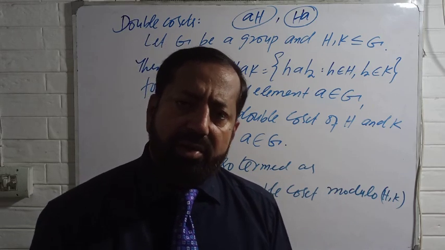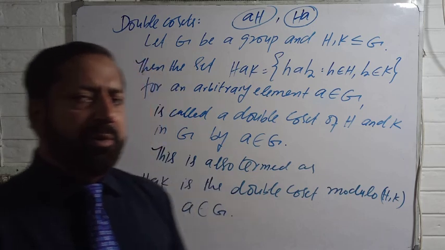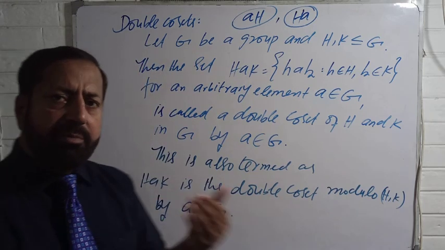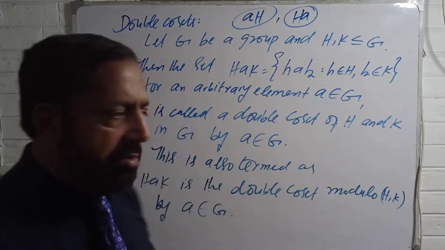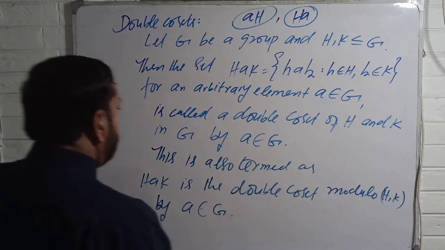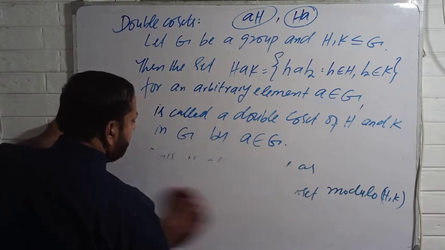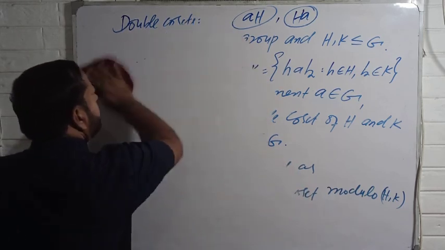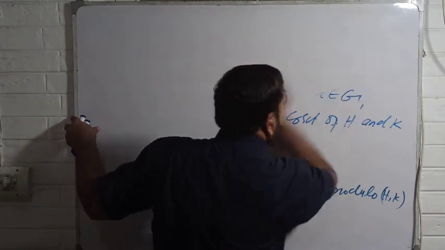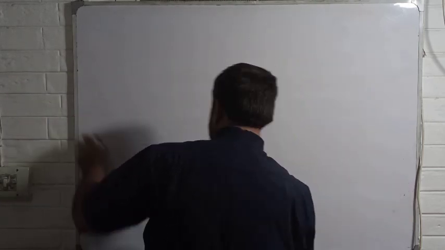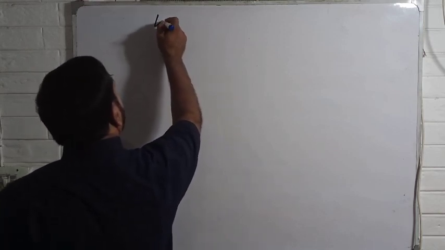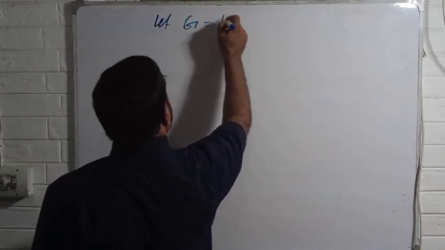So let's try to understand the idea of double coset with the help of some examples. Now I'm going to simplify the idea by means of examples. Let G be equal to D4.